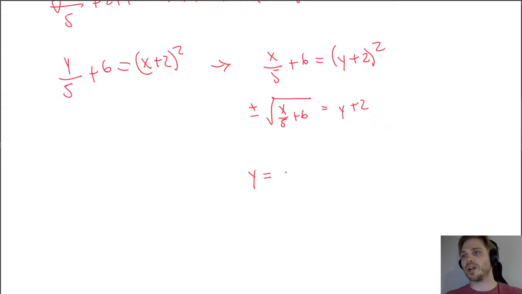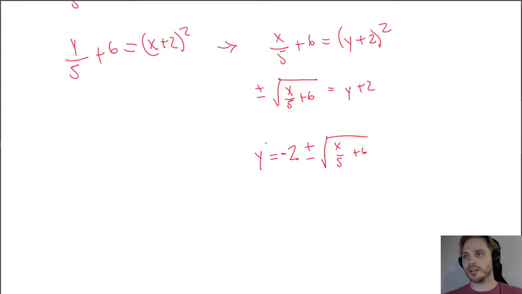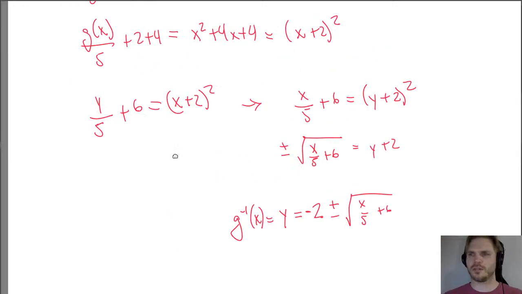So y equals negative 2 plus or minus the square root of x over 5 plus 6. And then this y now is g inverse of x. This is g inverse of x. Yeah, so that's the answer there.